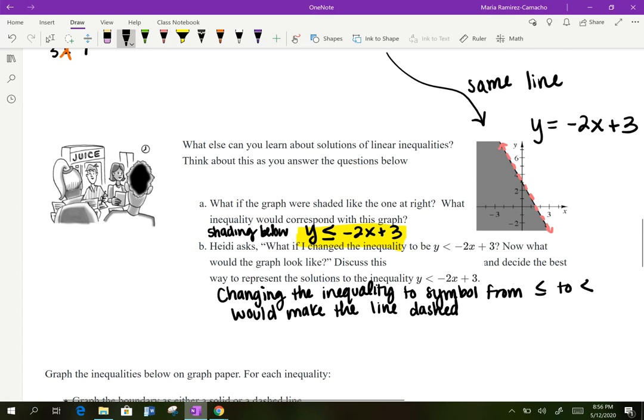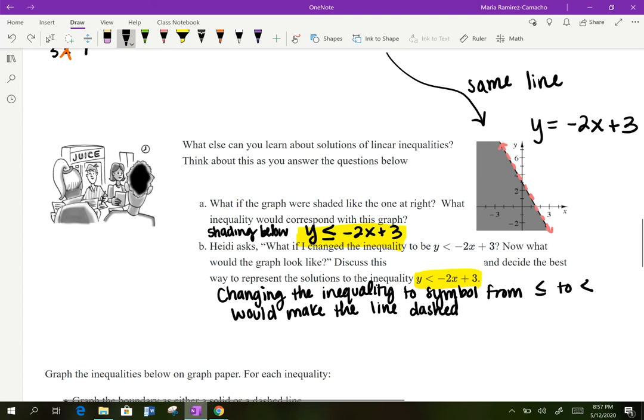If I take, let's see, we've tried to plug in 2 comma -1, and it makes the equation true. If you try to plug it into this new inequality with just strictly less than, it's not going to be true anymore, because once you lose that or equal to part, you lose all of the solutions that fall on the line.